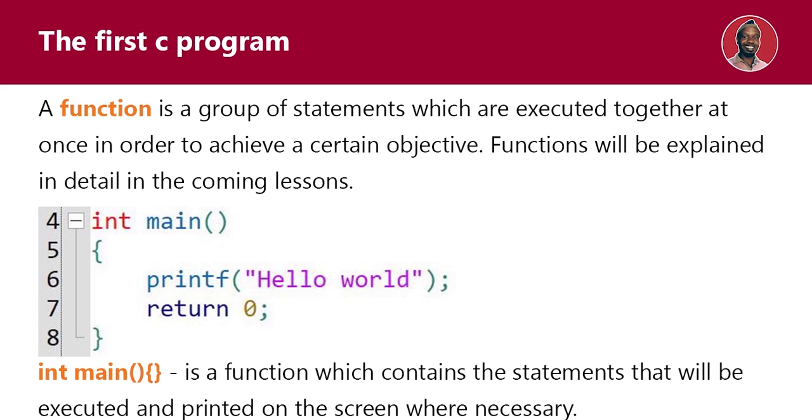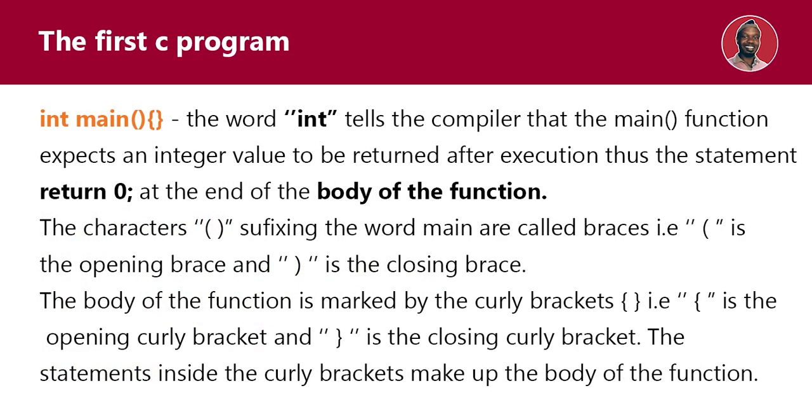We're saying the main function is a function which contains the statements that will be executed and printed on the screen where necessary. Int main, parentheses, curly brackets. The word int tells the compiler that the main function expects an integer value to be returned after execution. Thus, the statement return 0 at the end of the body of the function.